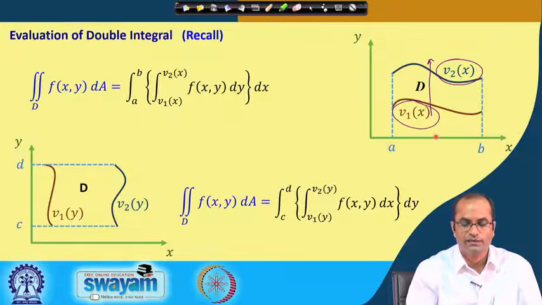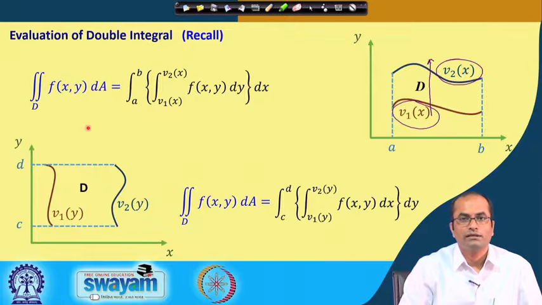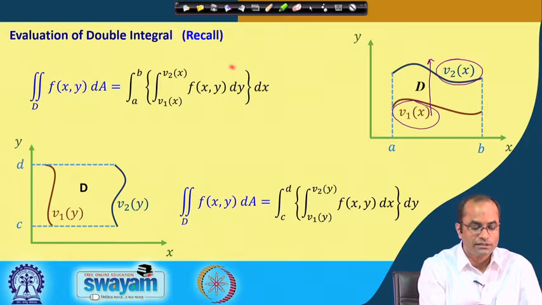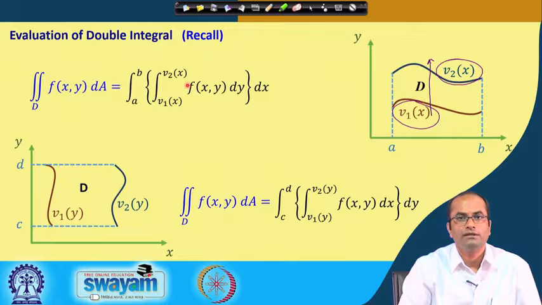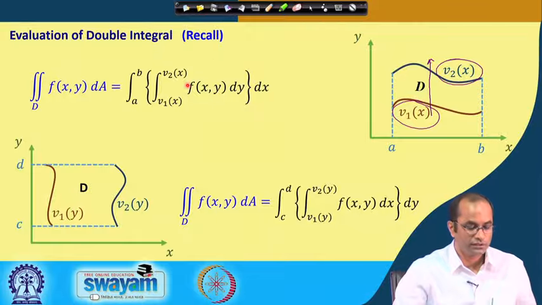In the first one we realized that we should first integrate with respect to y and then with respect to x, while in the second case it is much more convenient to first integrate with respect to x and then with respect to y. This is one situation where we can see the convenience of the order, but there will be other reasons depending on the integrand, whether integrating with respect to y or with respect to x first is easier, possible or convenient. That will be the discussion now.